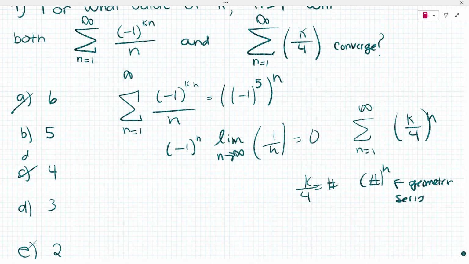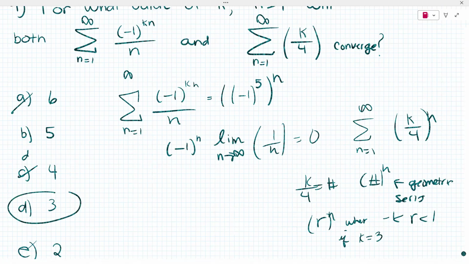If you look at the ratio r raised to the n, our k has to be 3, because r has to be less than 1 but greater than negative 1. So k of 3 will work. 5 won't work.